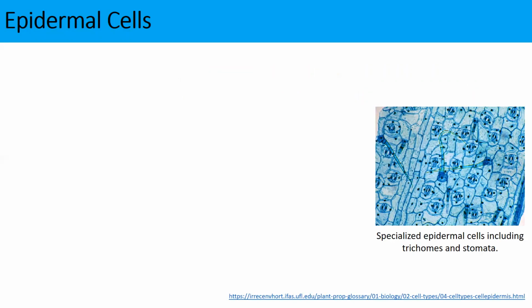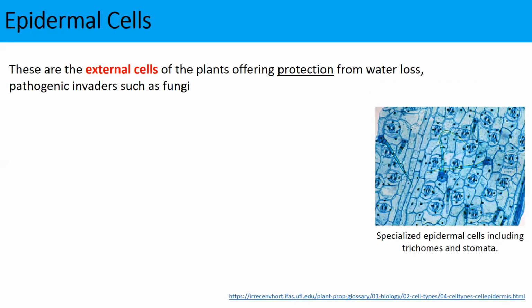Epidermal cells. So these are the external cells of the plants which offer protection to the plants and against water loss, and they also protect the plants from pathogenic invaders such as fungi or sometimes insects.